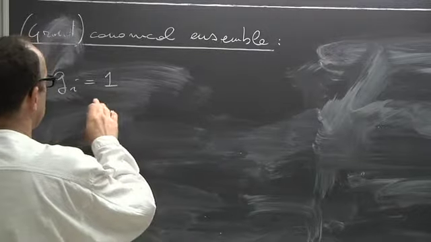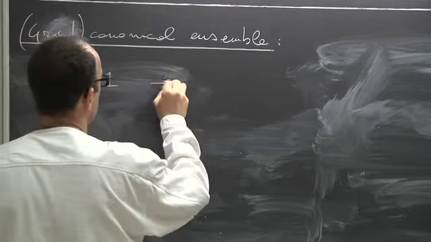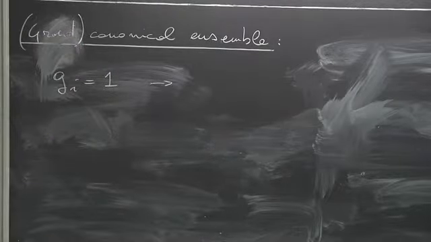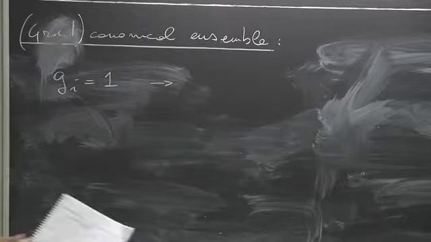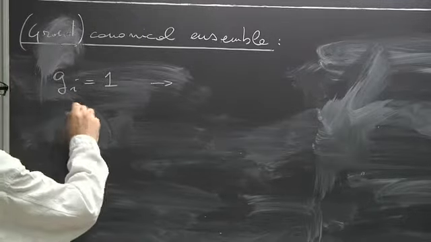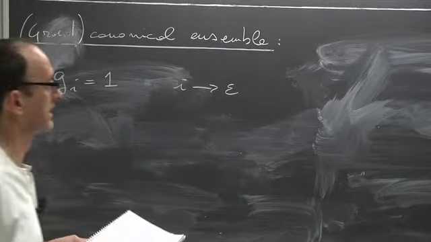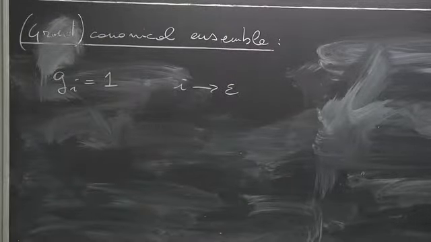And then each cell will be specified by the energy of that level. Okay, so instead of the index i, I'm going to use directly the energy of the single particle energy level as an index.